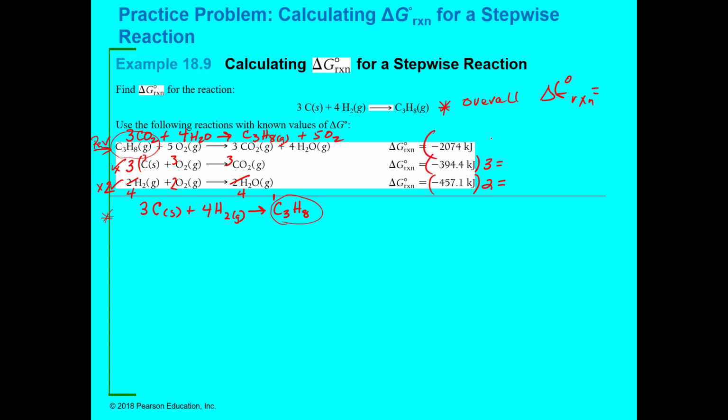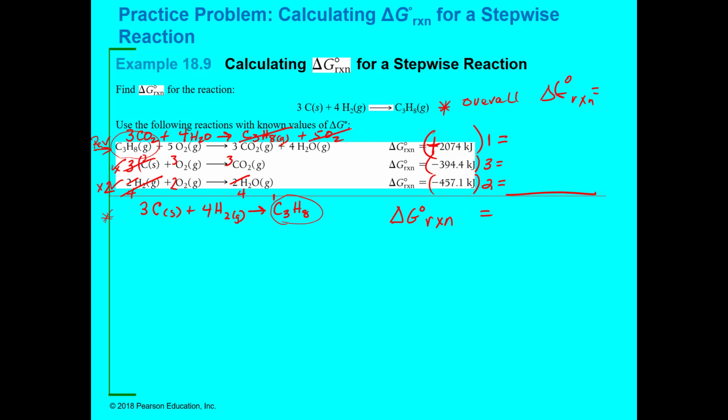When I flip it, that means I have to reverse the sign, so it now becomes positive, but I'm multiplying it by a 1. So I already have the information to figure out what my delta G0 of the overall reaction is. But you go back and check and make sure you've got 3 carbons, 4 hydrogens, and 1 C3H8.